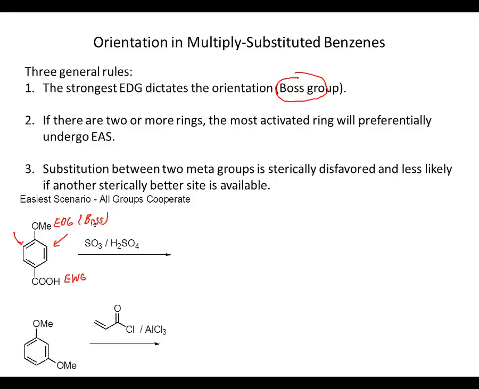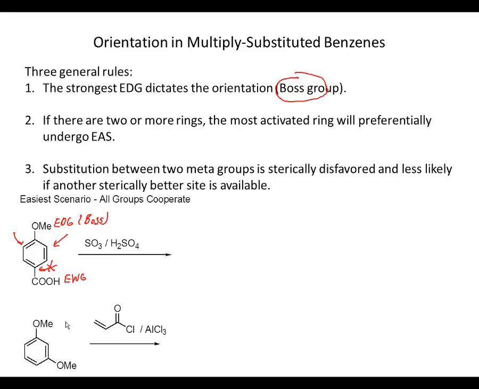But we have a situation where the electron withdrawing group isn't arguing with this because the electron withdrawing group wants the new group also to go meta to it, which matches ortho para to the methoxy. And we cannot put anything here because something is already here. We don't have a hydrogen that we can replace.